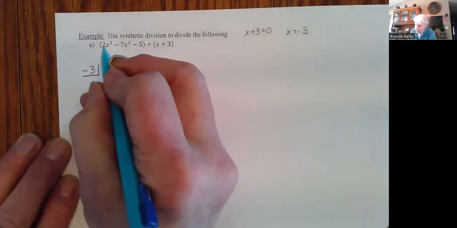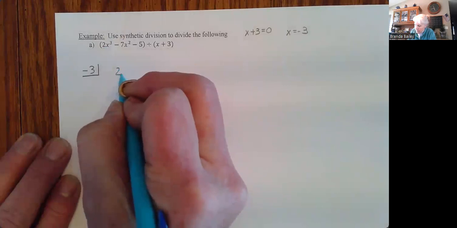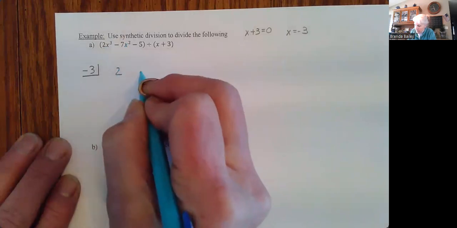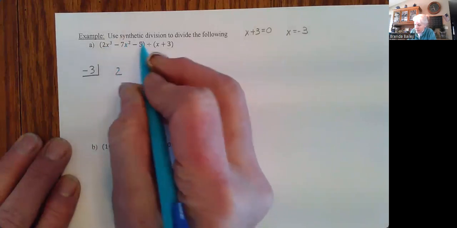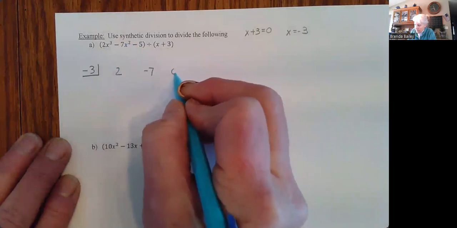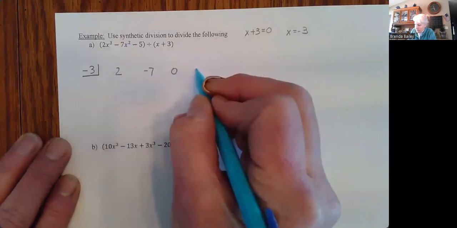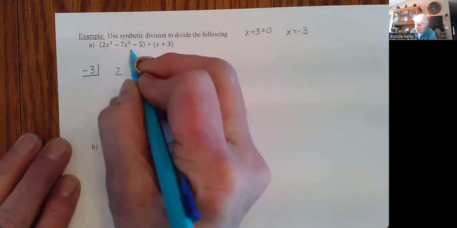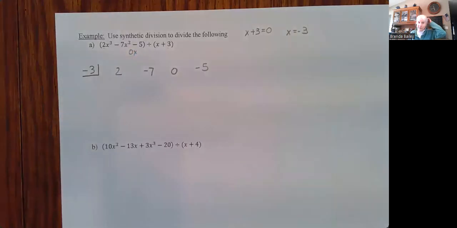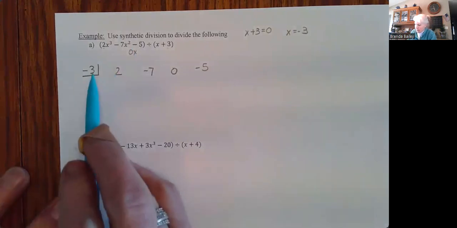So here we start with a 2, x cubed, minus 7. We're missing the x to the first, then minus 5. So we were missing the 0x. So I put that in as a 0. All righty. So pretty much the hard part's over. It's just getting this set up.